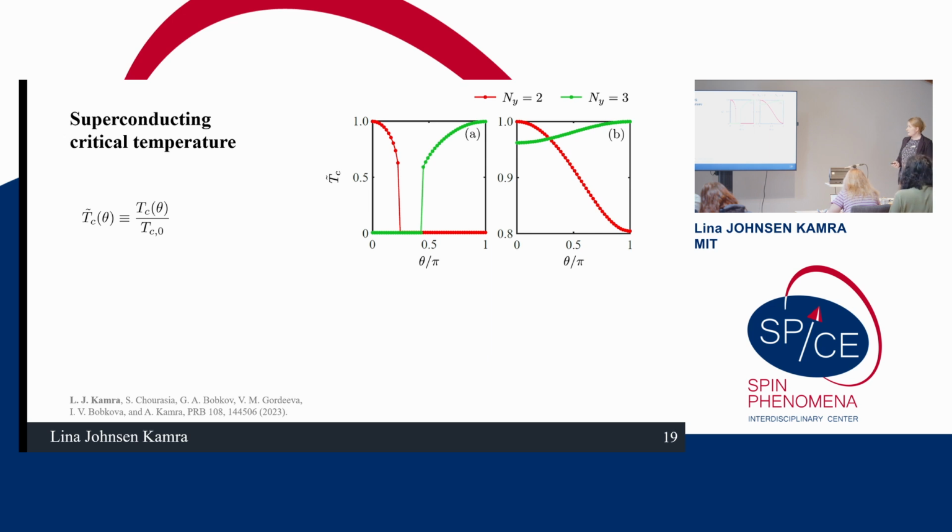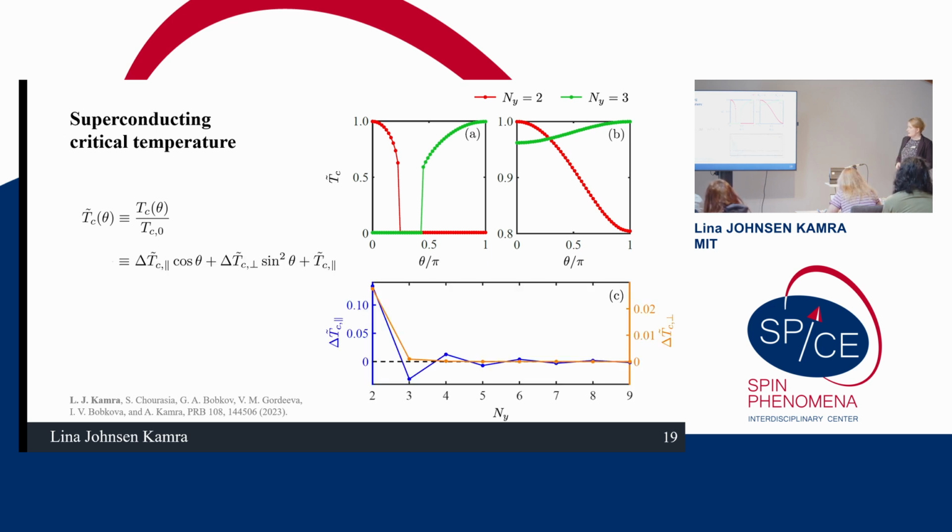If we consider a weaker spin splitting field, we get these very beautiful sinusoidal type curves, and this can be fitted to this kind of expression where the dominating part is the cosine theta term, shown by this blue line here, which is the coefficient of the cosine term, and it oscillates as we increase the thickness of the superconducting layer.